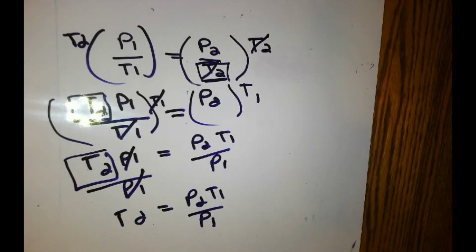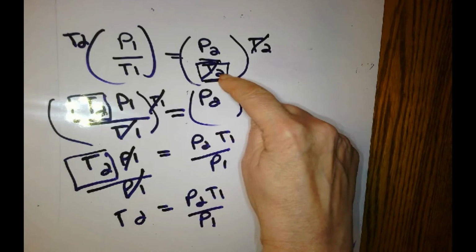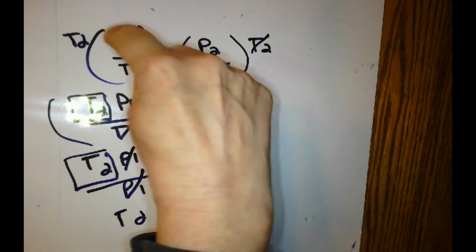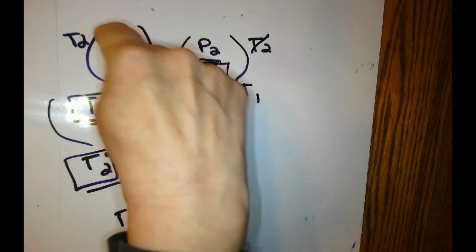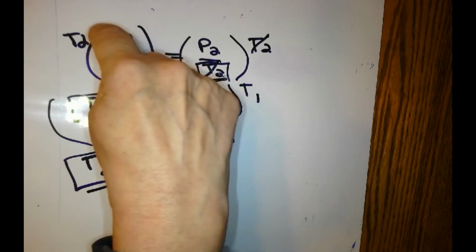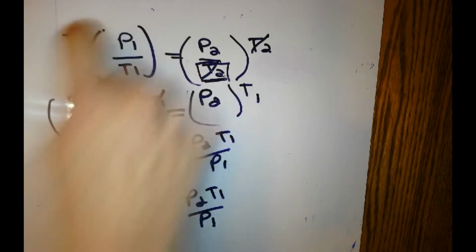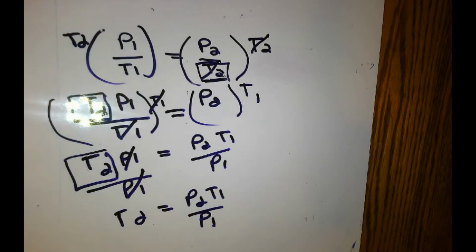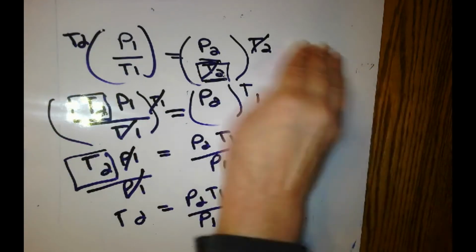Now you notice my T2 is here, and I moved it kitty corner or diagonal up to the top. That's what this math did. It just moved it over to the other side on the flip side of it. Okay, so let's look at this in another way.